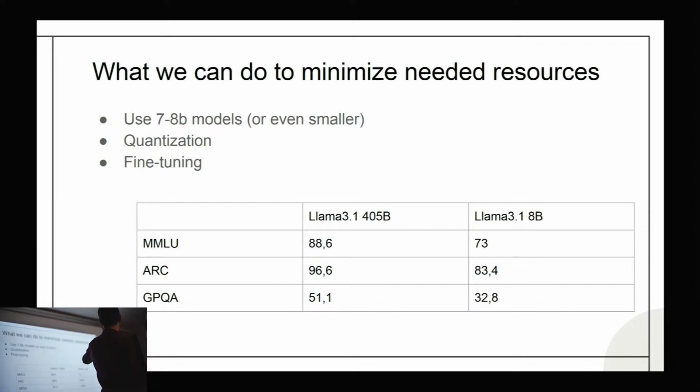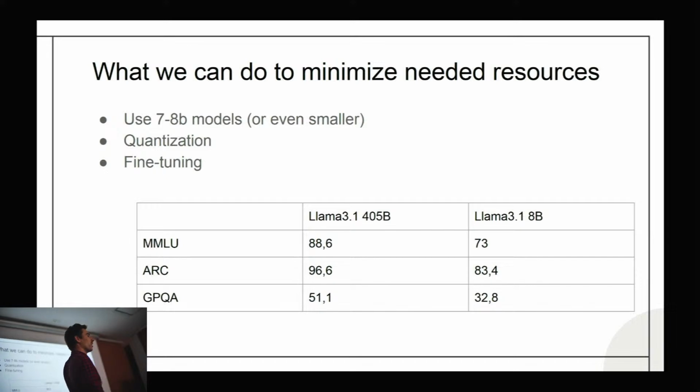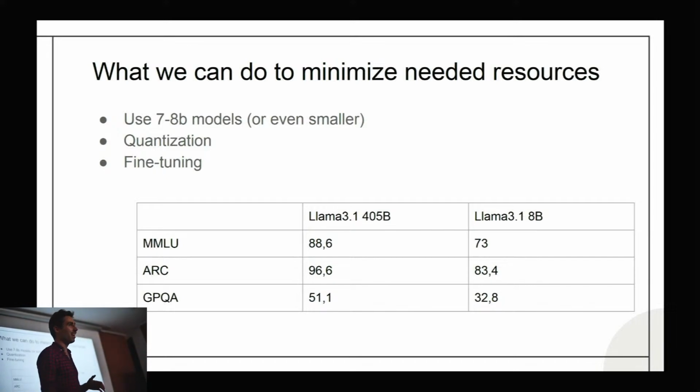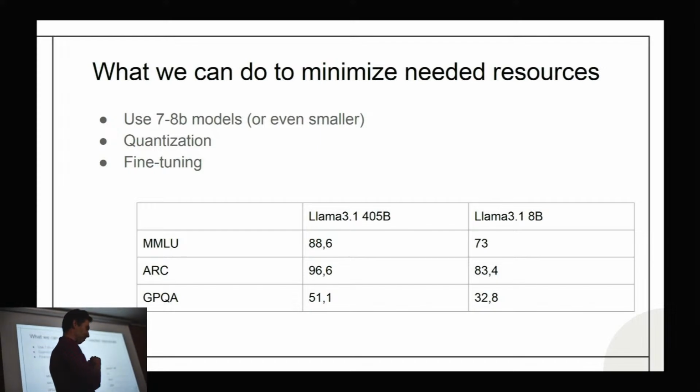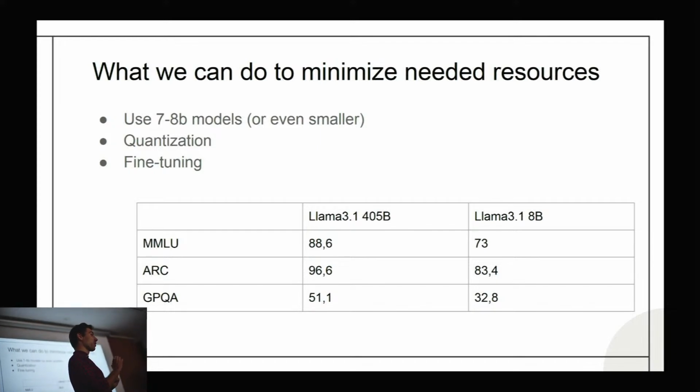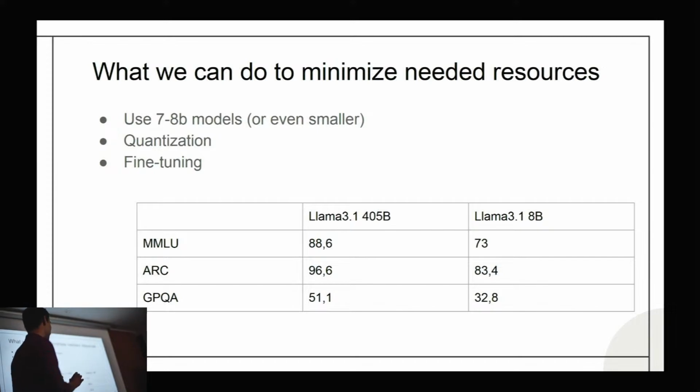Obviously the smaller model is also less intelligent, but it's not 50 times less intelligent. It's just somewhat less intelligent, but still comparable. So first of all, we choose an appropriate model with 7 or 8 billion parameters or even less.